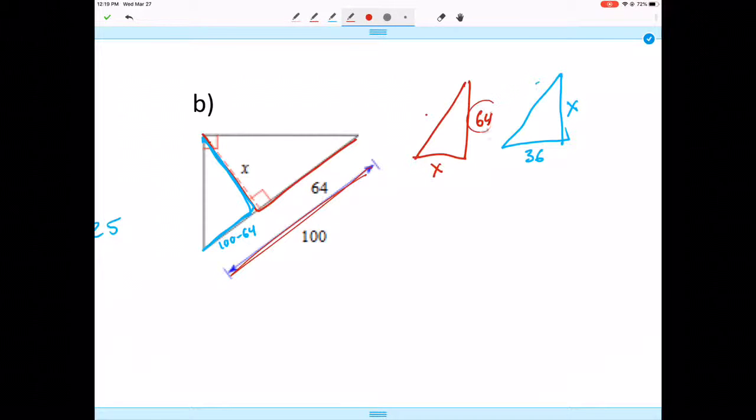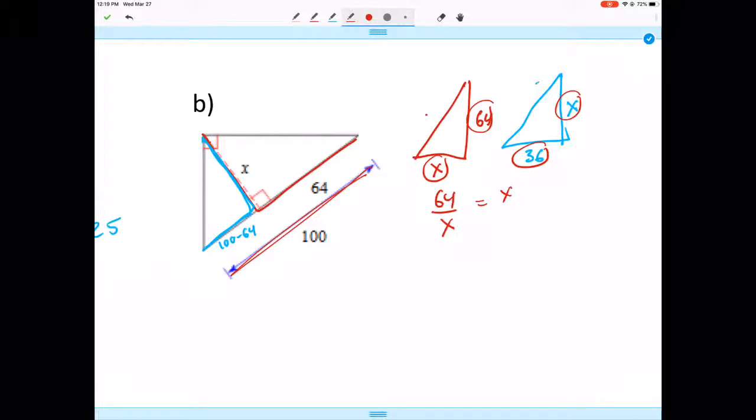So 64 divided by x corresponds to x and 36. All right, and if it helps, so these would be like blue: x and 36.